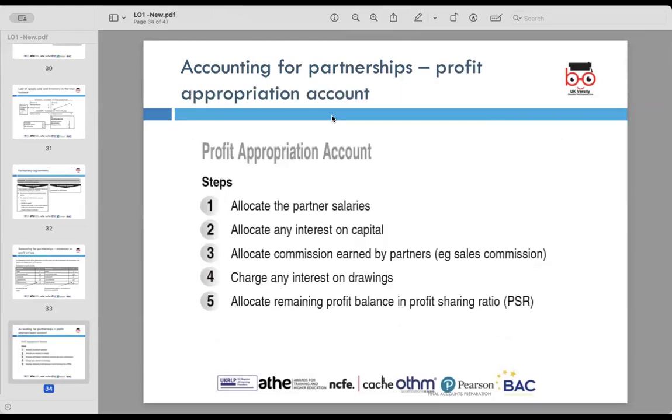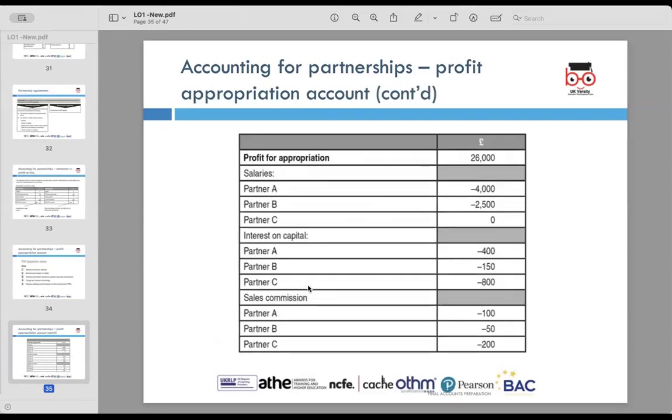Accounting for partnership profit appropriations account. Again, steps: allocate the partners' salaries, allocate any interest on capital, any commissions earned by partners, charge any interest on drawings, and allocate the remaining profit balance in the profit sharing ratio.